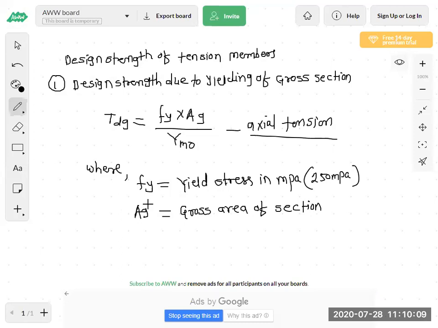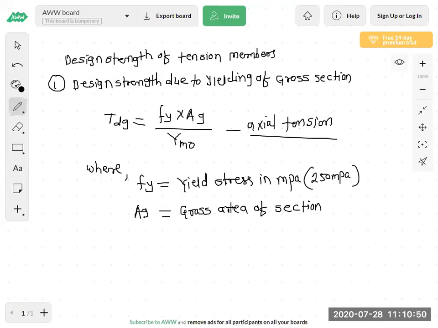For every problem you need this gross area, and for each and every problem you require the steel table. So from this chapter onwards, you always need the IS code and steel table. Without the steel table you cannot solve any problem. The section is given in your problem statement, and for that section you choose the gross area from the steel table, where it is given for every section.